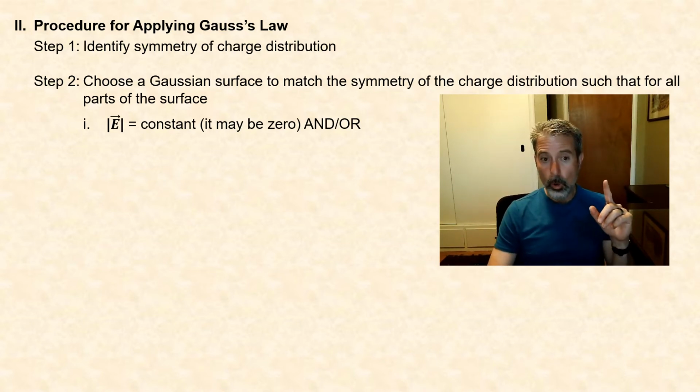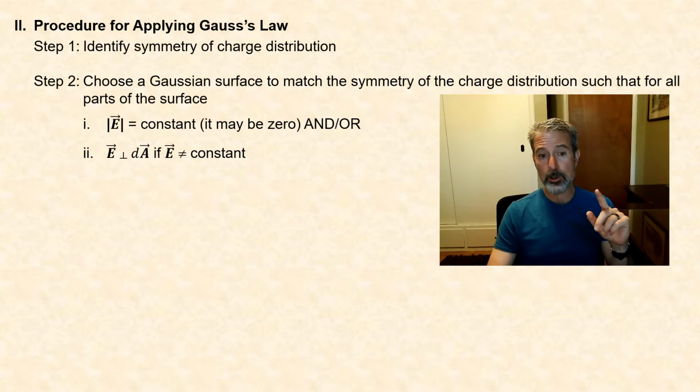Or, if the magnitude of the electric field is not constant over that piece of the surface, then the electric field must be perpendicular to the area vector dA, in which case the flux due to the field for that portion of the surface will be zero.